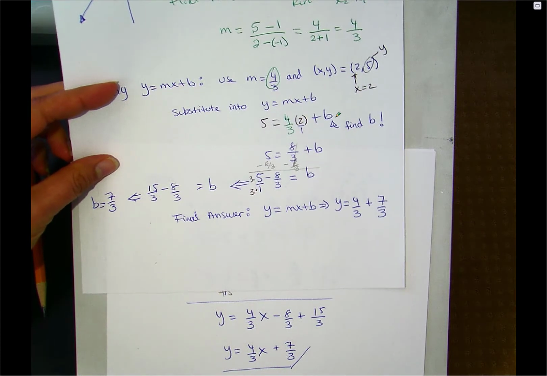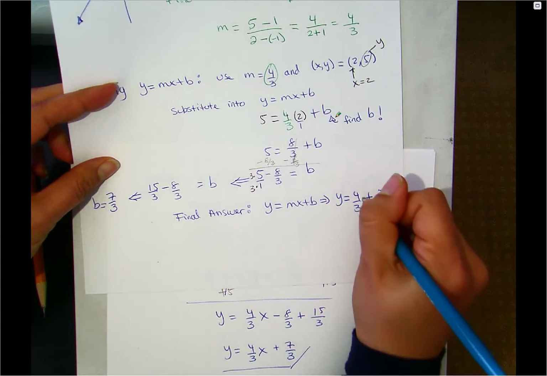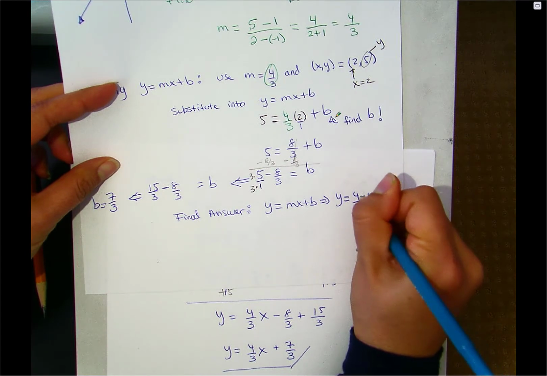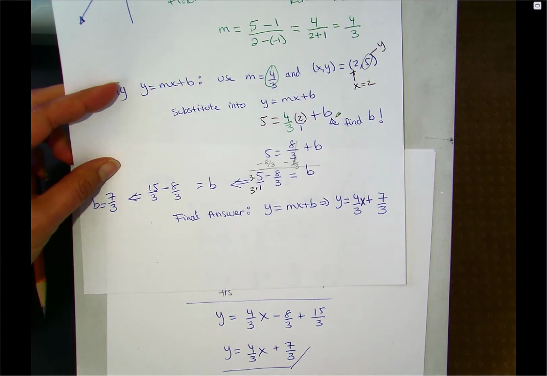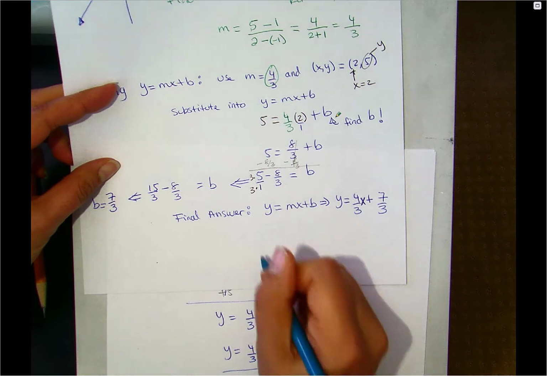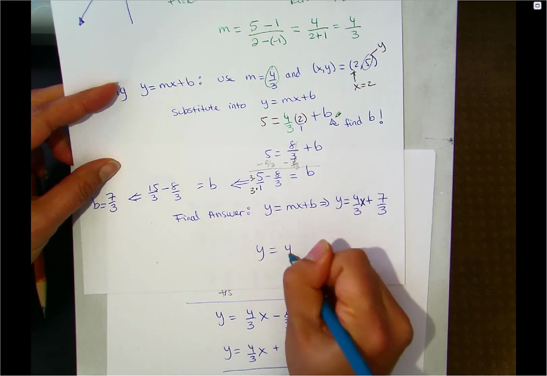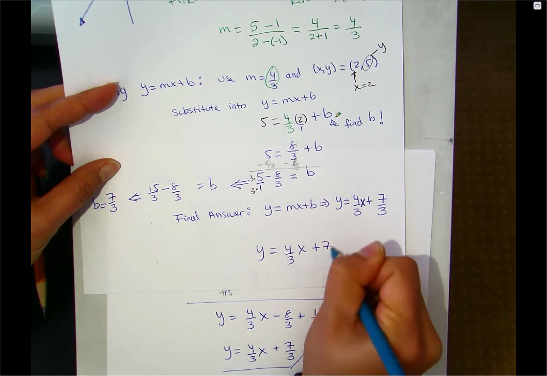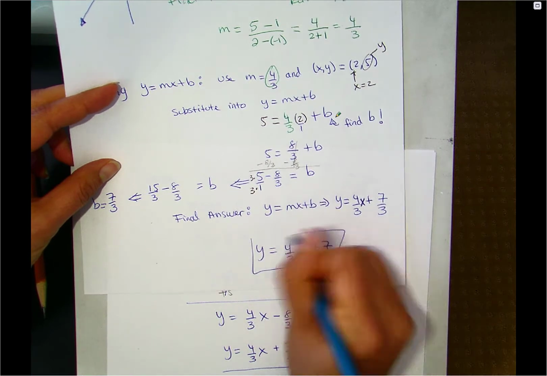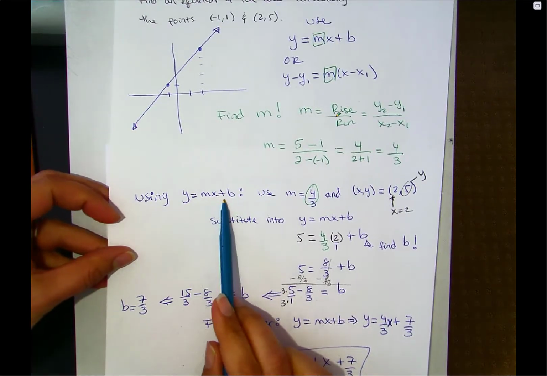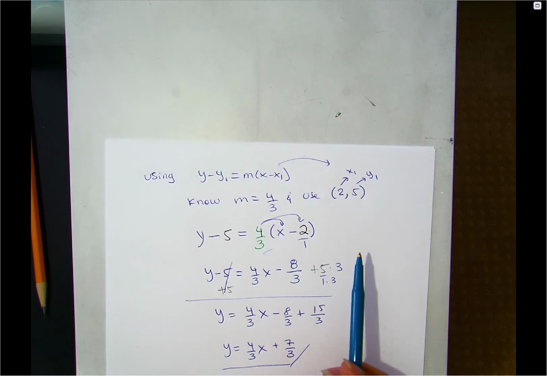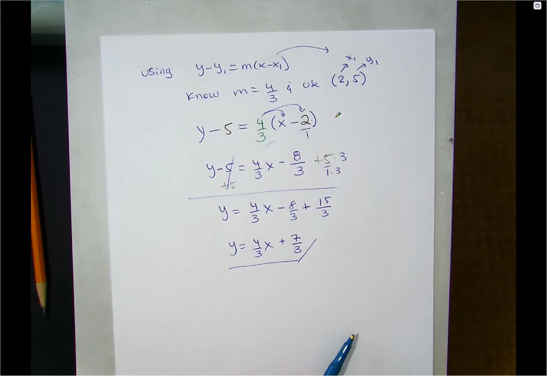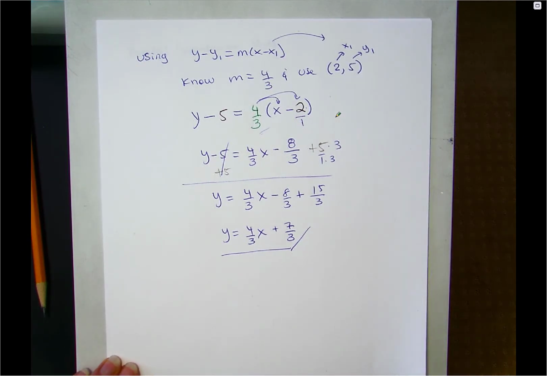So again, it is up to you. Oh, I forgot the x there. Good thing I brought this paper back. So either way, the answer is 4/3 x plus 7/3, using y equals mx plus b, or using the point slope form. So it's up to you which one you're going to prefer.